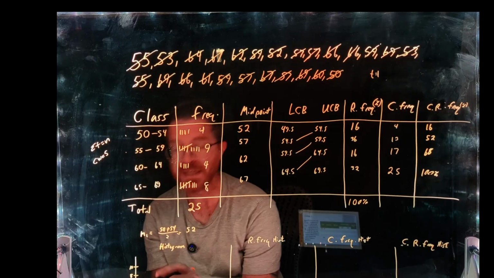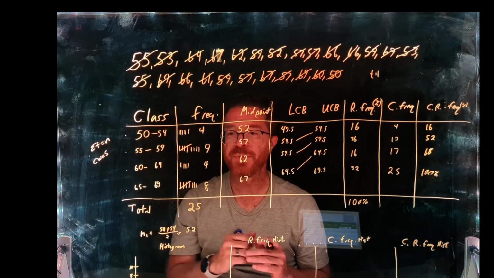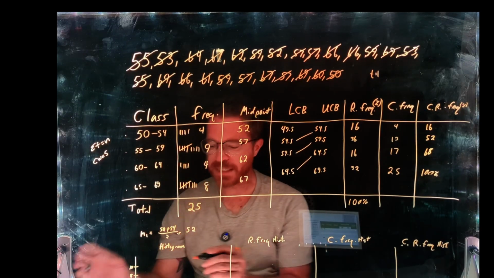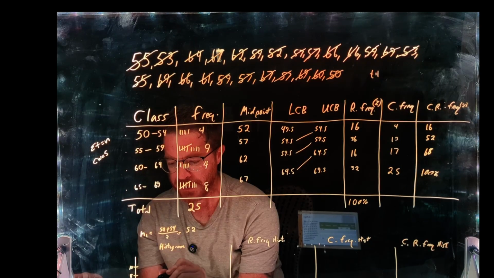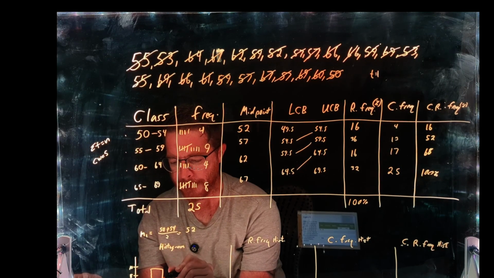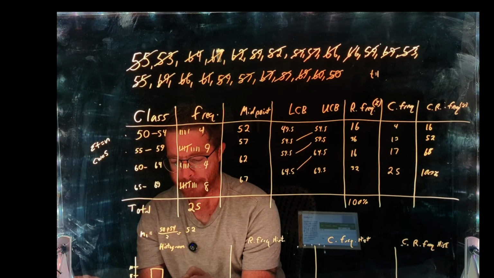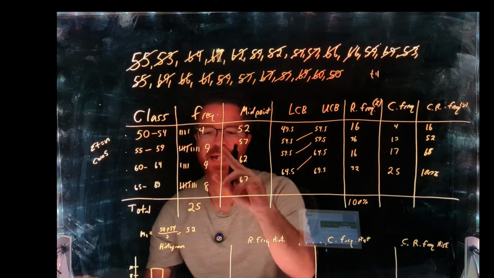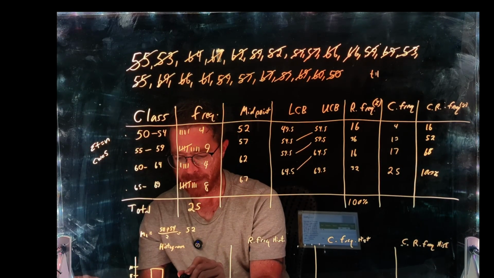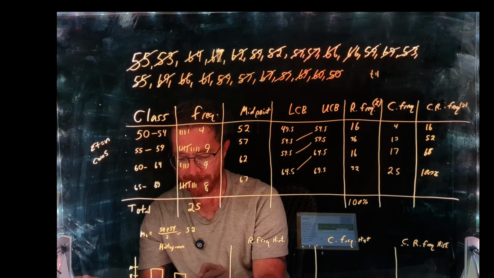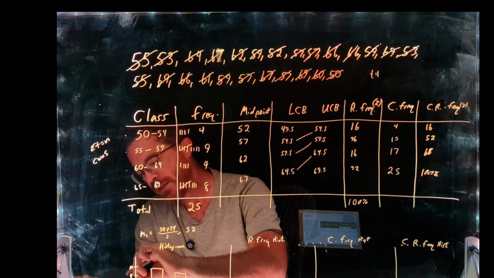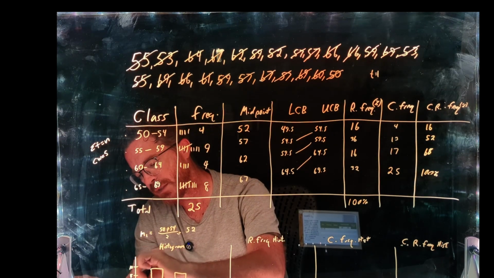So I'm going to draw my rectangle around that 52, up to 4. The next one I have is 9, so I'm going to go up to 9. The next one I have is 4 again. And the last one I have is 8. So this is going to be our frequency.